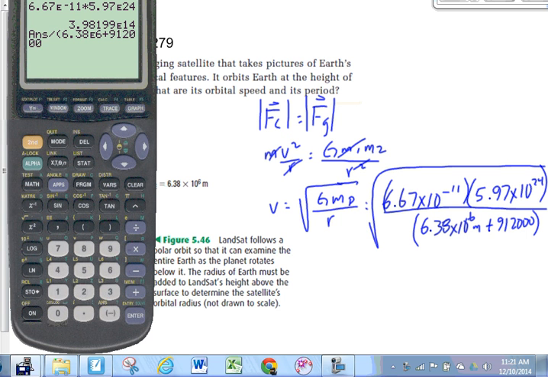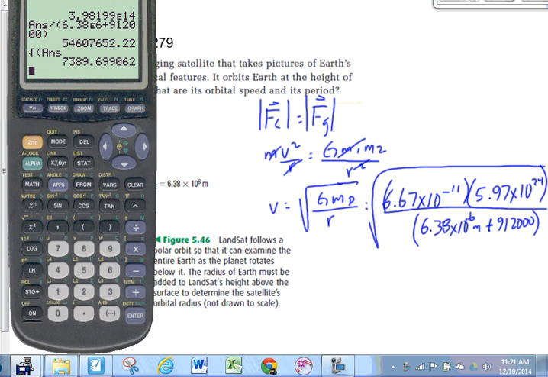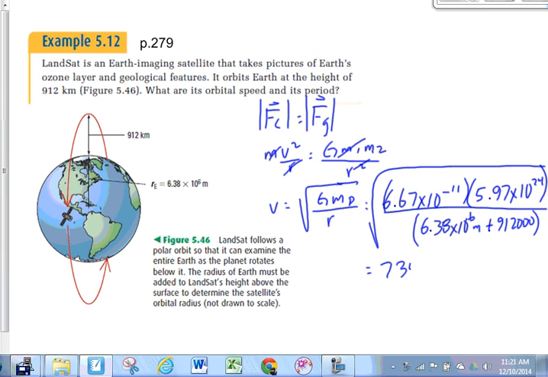End the bracket. Is that my answer? Almost my answer, right? What do I got to do to finish this off? Square root it. Second function, square root. Answer, 7389.7. Which, of course, actually rounds to 3 digits. So 7.39 times 10 to the 3.